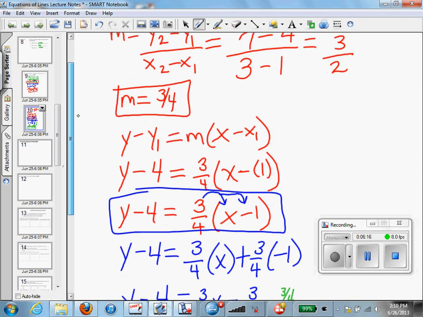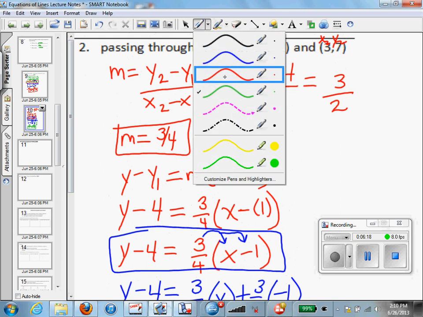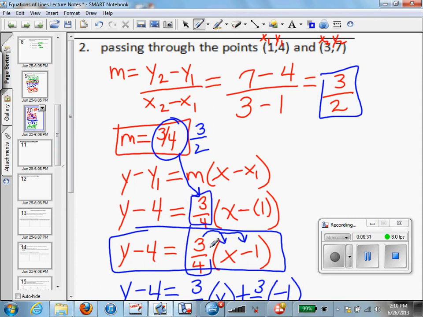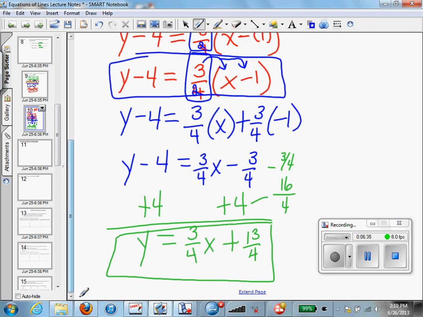I just went through and noticed that I made a mistake with the slope here. It should have been 3 over 2, just as we had originally found. So for the placement of 3/4 here and here, it should be 3 over 2. And how that's going to change the answer is that instead of distributing 3/4, you're going to distribute 3/2.